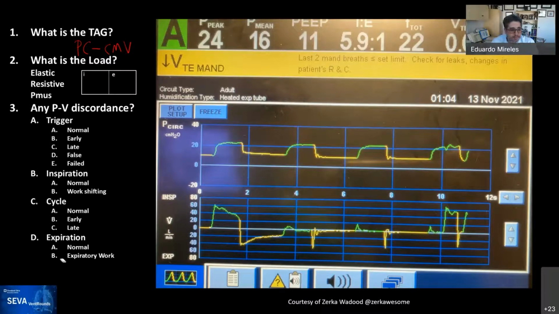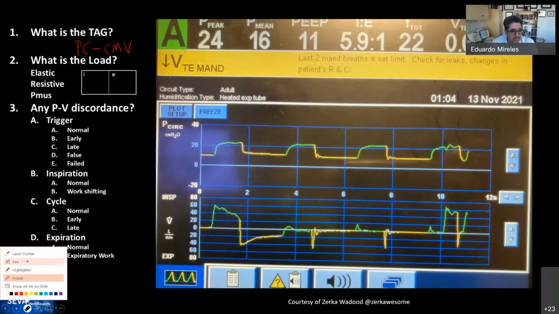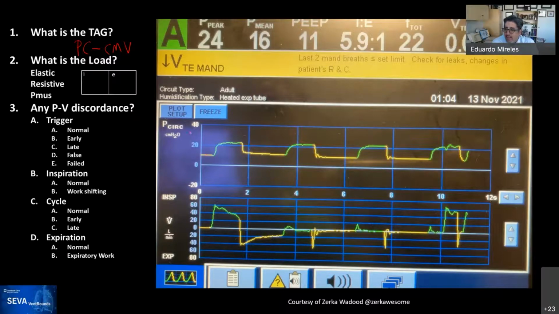All righty. So now, what's the load? Anybody want to give me the inspiratory load? You can type it in the chat if you want. So during inspiration, I hear PMUS, and then there's some resistive, some PMUS.